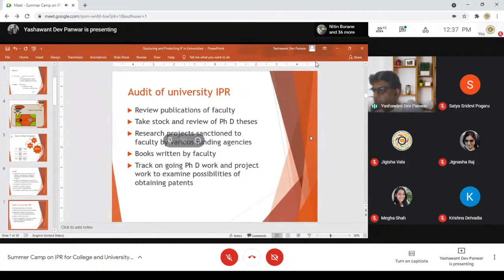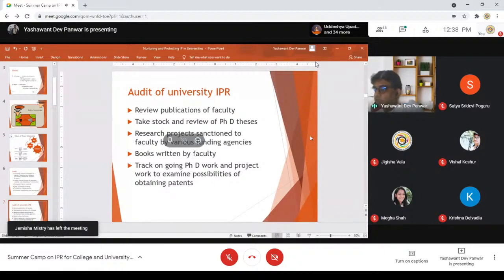Then it's very important to take stock and review PhD theses before they are put into the libraries of the institutions. And if these research publications are periodically reviewed, then the leakage of intellectual property rights can be stopped and rightful protection can be obtained on these patents.